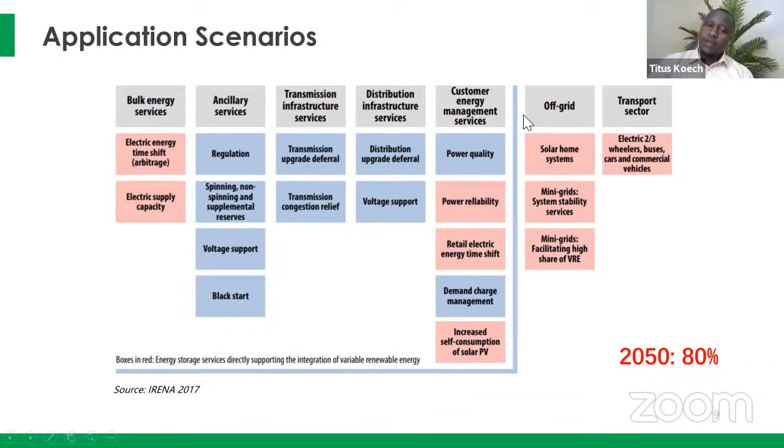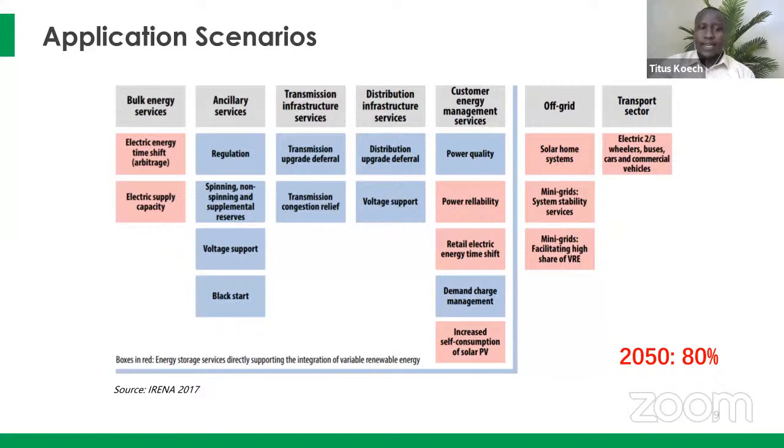And for the customer energy management systems or services, that is CEMS, this details mostly the C&I segment. As I said, one thing to ensure is that we need reliable power and good power quality, and also increasing PV generation.